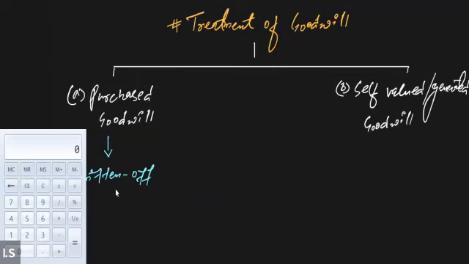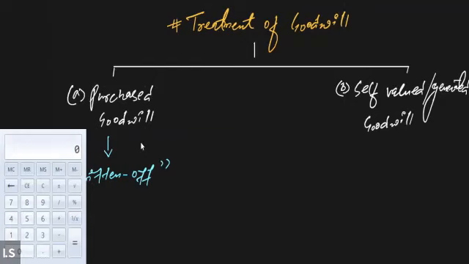That means it should not be shown in the books of account in future. Got it, everyone? Purchased goodwill, if reconstitution is taking place, we have to write it off from the books of account. So what do you mean by writing it off from the books of account?